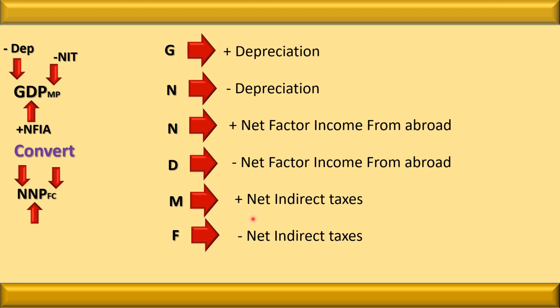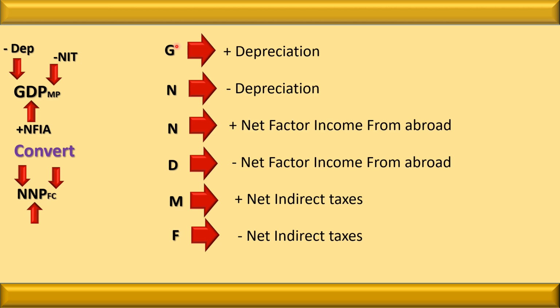I repeat again. Here we only have to use three pairs. The first pair is this one, the second pair is the middle one, and the third pair is this one. Product is common, so we don't consider it. So the numerical problems might be related to conversion of one aggregate to another aggregate. To convert one aggregate into another, we have to use this concept, Germany ne nahi di mujhe Ferrari.